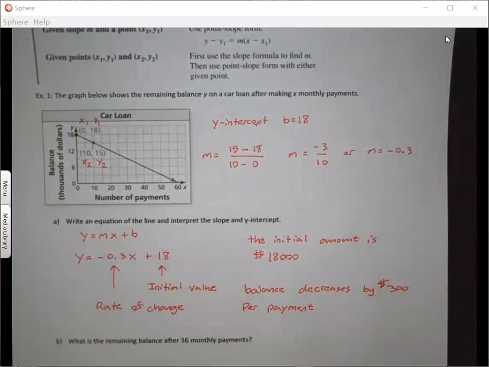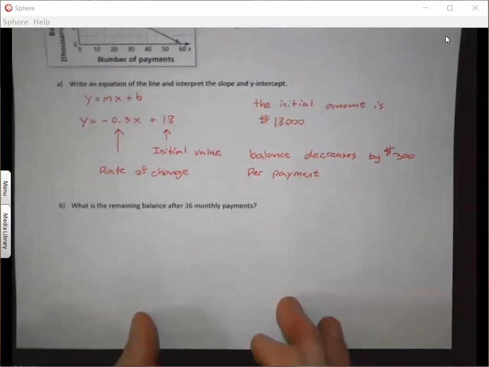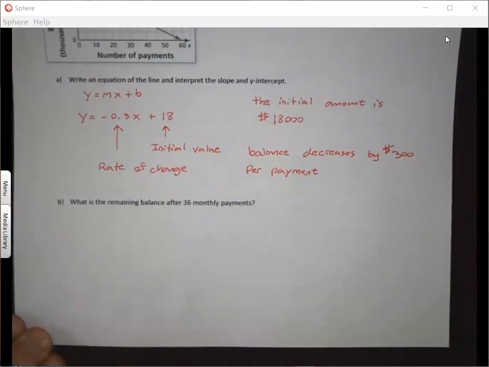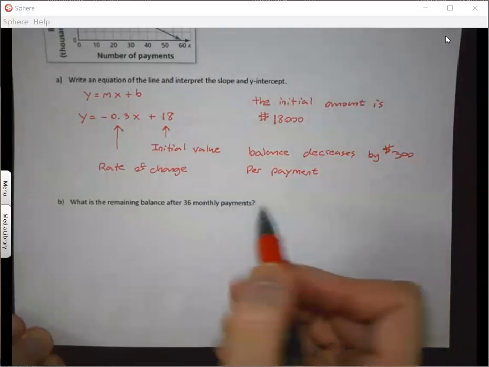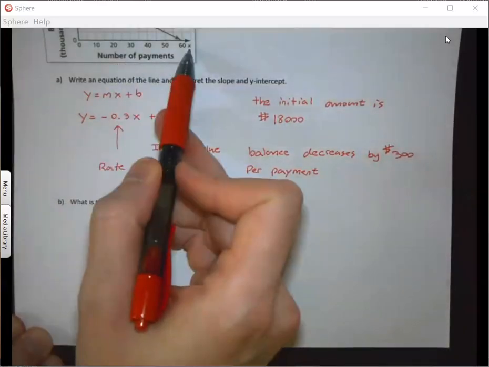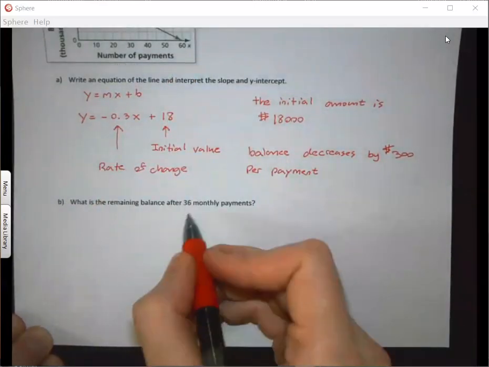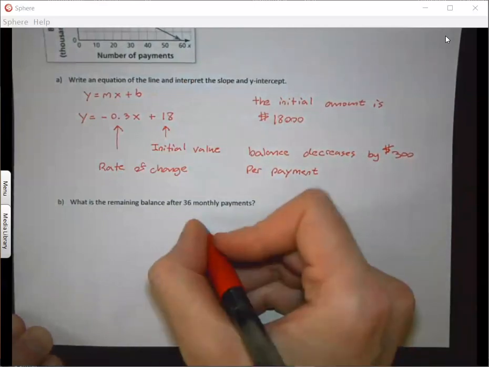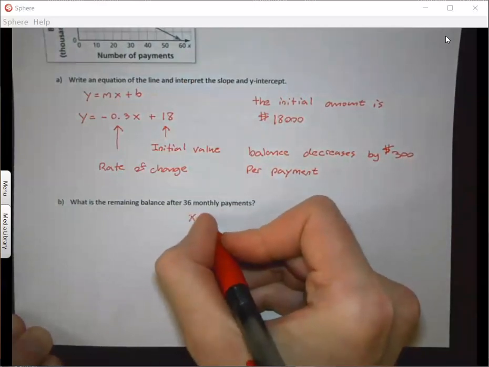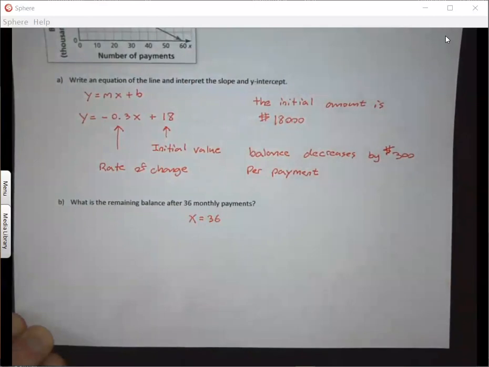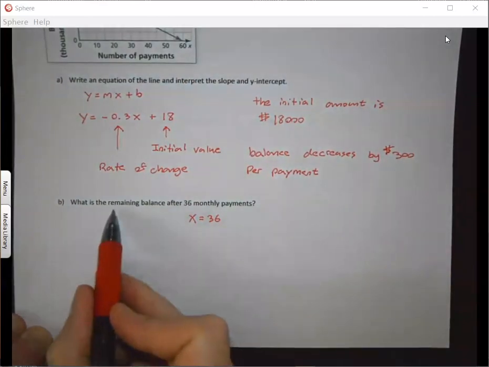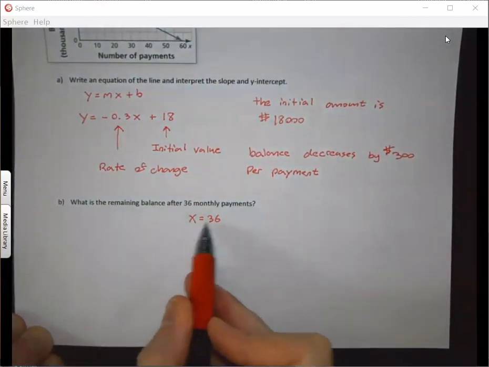B. What is the remaining balance after 36 monthly payments? So monthly payments, the number of payments, is our X. So saying 36 monthly payments, X is 36. You want to know what is our balance when X is 36.